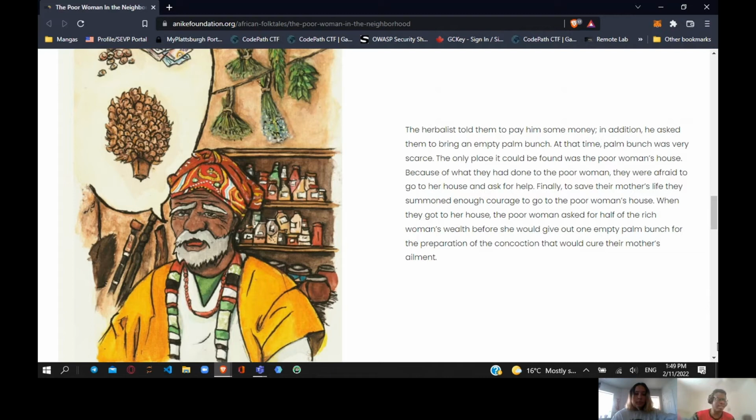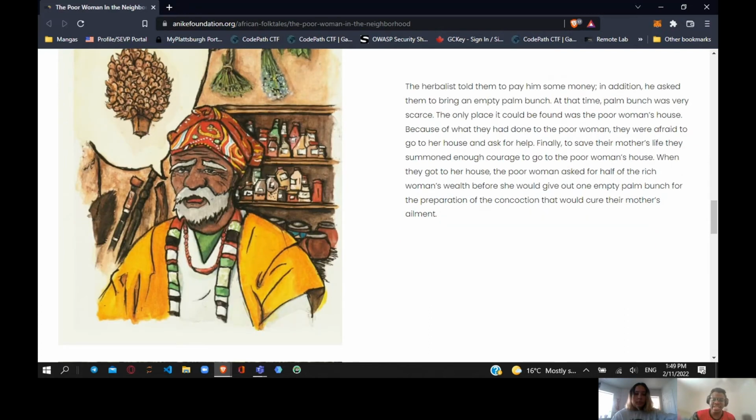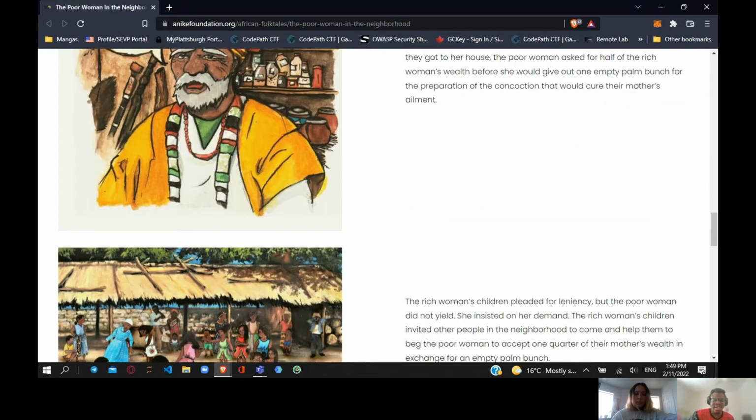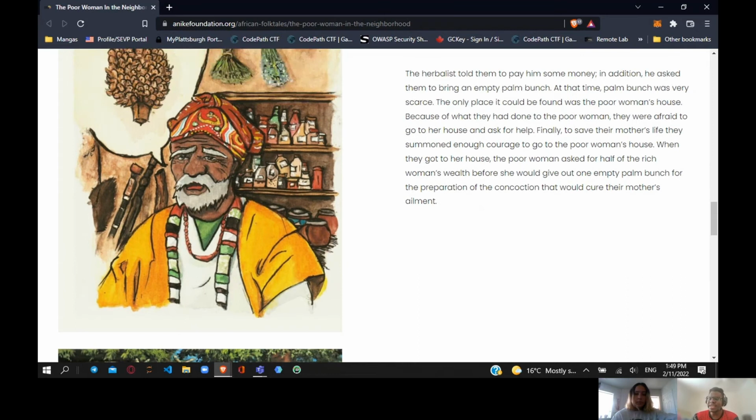So they had no other choice than to go to that poor lady and ask for her help. When they went there, they asked the poor lady to help them acquire that palm bunch, and she refused because of what happened earlier between them.